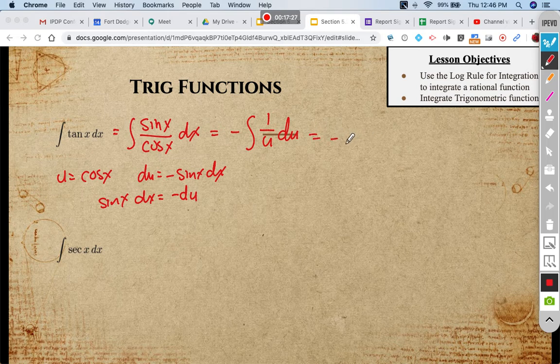So that's the opposite of the natural log of the absolute value of cosine. So the integral of tangent is the opposite of the natural log of cosine.